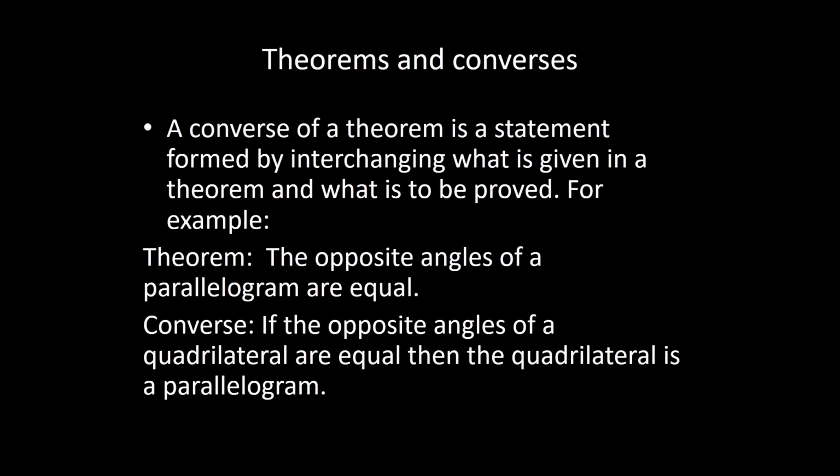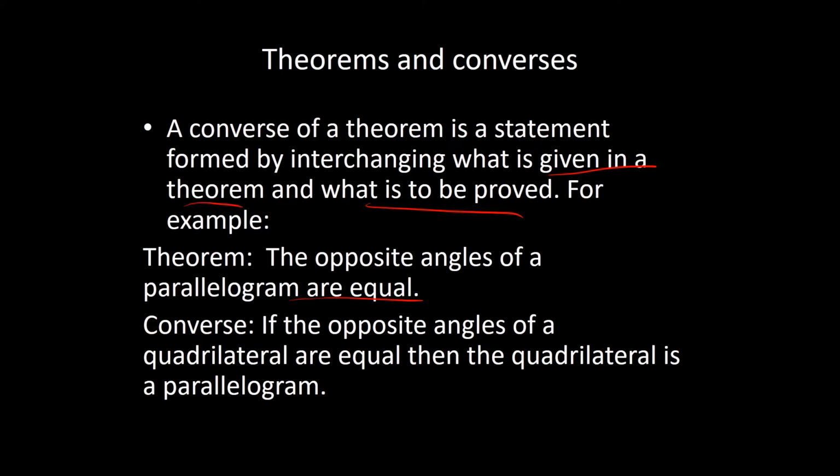All right. So what is a theorem and what is a converse? Well, a converse of a theorem is a statement that is formed by interchanging what is given in a theorem and what is to be proved. So for example, the theorem might be: the opposite angles of a parallelogram are equal.